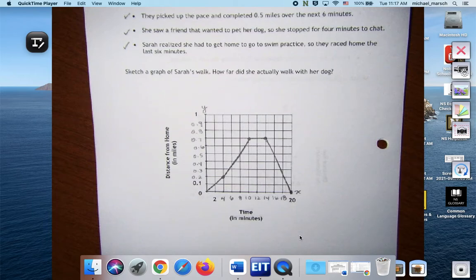Now we have a question that goes with the graph. How far did she actually walk her dog? 1.4 miles. Why? Because she went 7 up and then 7 down. Yeah, so she went 0.7 away and then 0.7 back to her house.